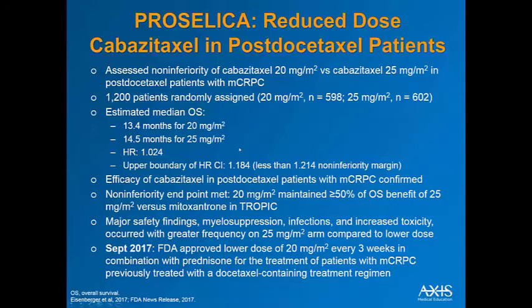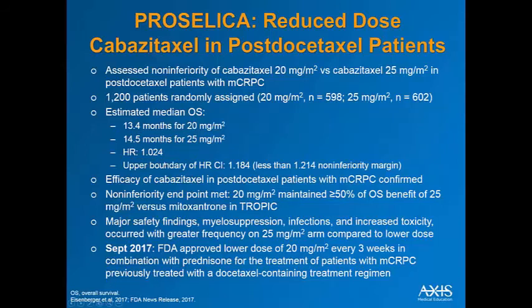Now, there's a second study that I think is important here, and this isn't about sequencing. This is post-docetaxel patients going on to get cabazitaxel and looking at 2 different doses, the 20 milligrams per meter squared or the 25 milligrams per meter squared. And again, 1,200 patients, and looking at OS, there was no difference in the overall survival.